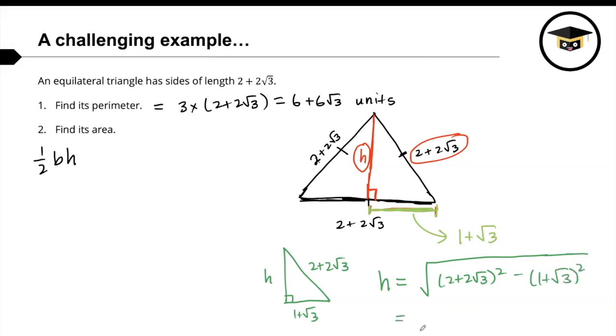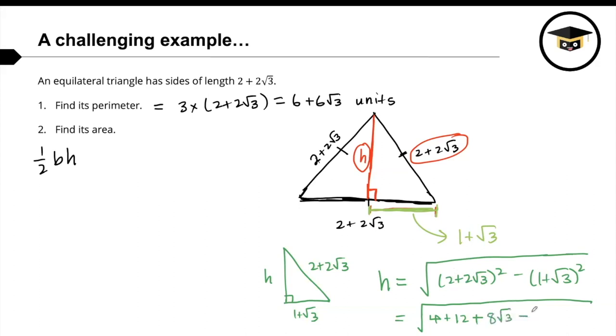So let's put into practice what we learnt today. So 2 plus 2 root 3 squared, all squared, just means square the first thing, so 4, plus square the second thing, so 4 times 3, which is 12. Then plus 2 times the first thing times the second thing. So 2 times 2 is 4, and then times by 2 root 3 is going to give us 8 root 3.